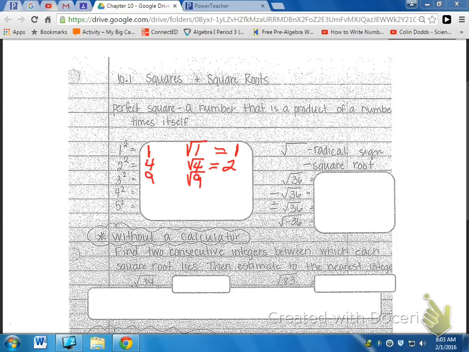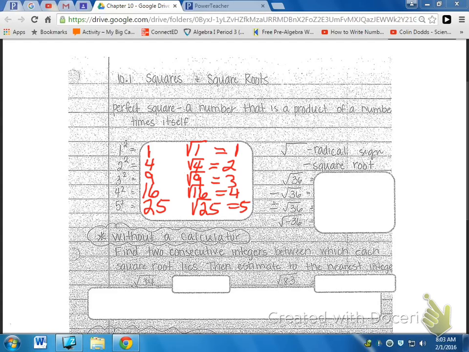And then the square root of 9 is 3. 4 squared is 16. And we would know then that the square root of 16 is 4. 5 squared is 25. So the square root of 25 would be 5.